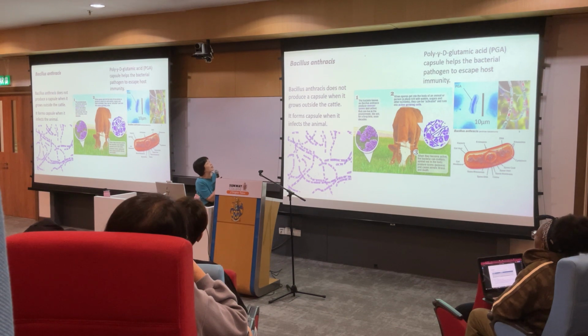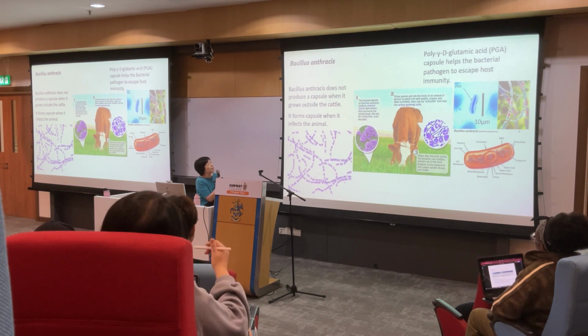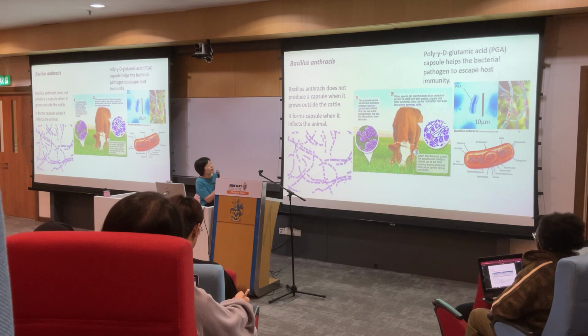Bacillus anthracis does not produce a capsule when grown outside the cattle, meaning that when there is no threat and they are living in the environment, they do not produce a capsule. When they are inside the cattle, they produce the capsule, which protects the bacterial cells from the immune system.